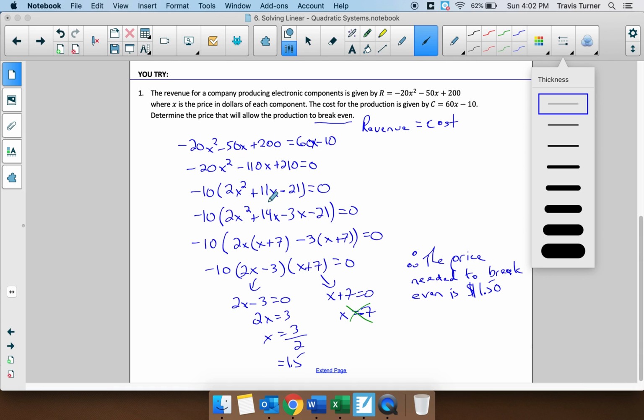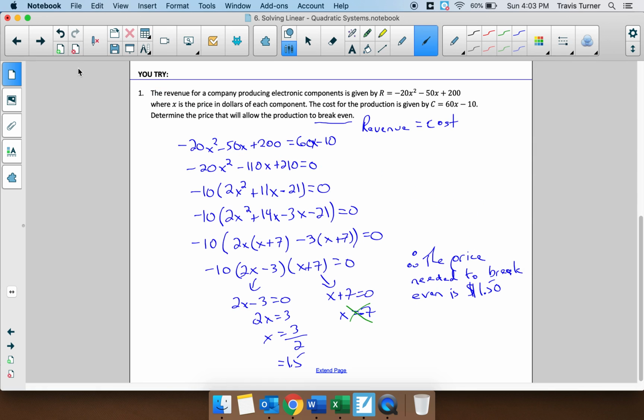If you think about that for a little bit, work it out on your calculator maybe, you've got 14 and negative 3. And you factor it all down, and then the last step is to solve, and you get two answers. One is negative 7, and the other is 3 over 2, or 1.5. And negative 7 doesn't make sense for the price of something, so it's got to be $1.50. Therefore, the price needed to break even is $1.50.